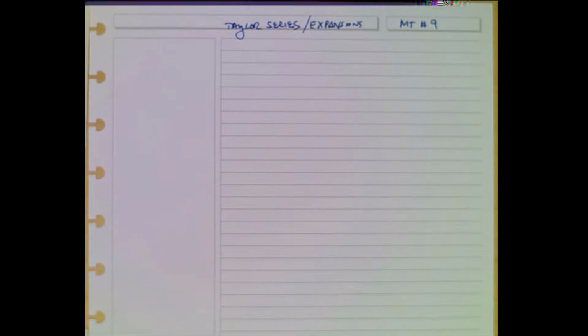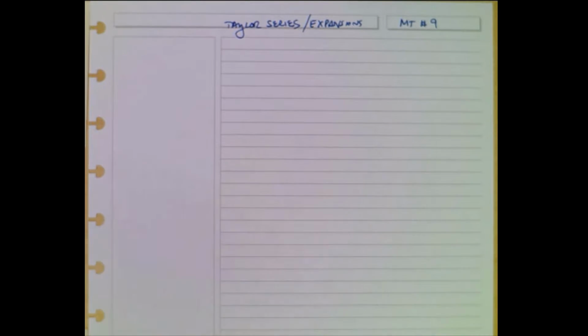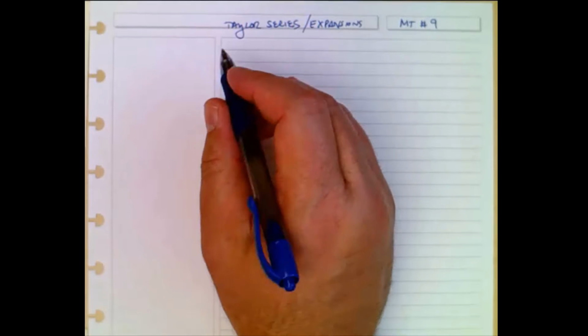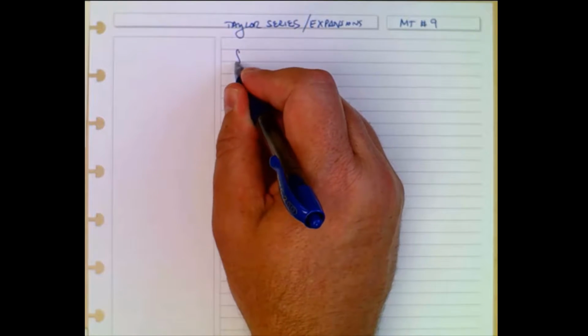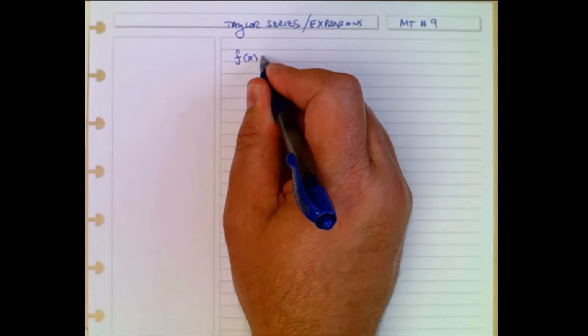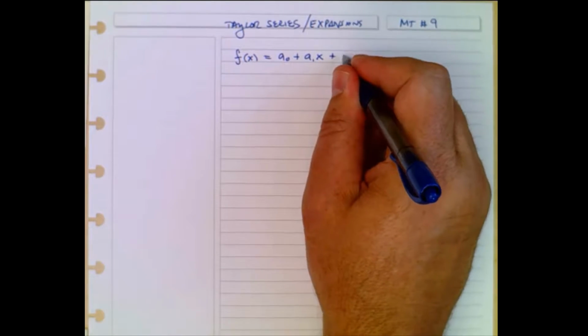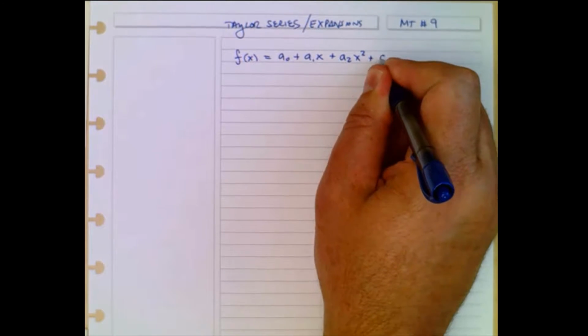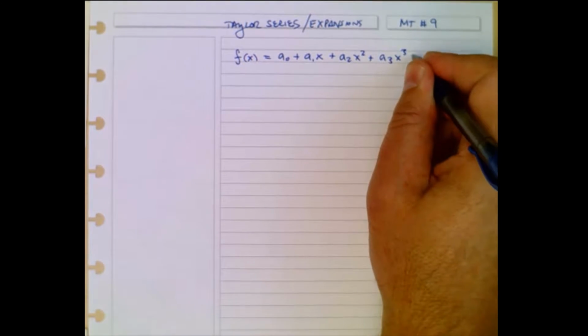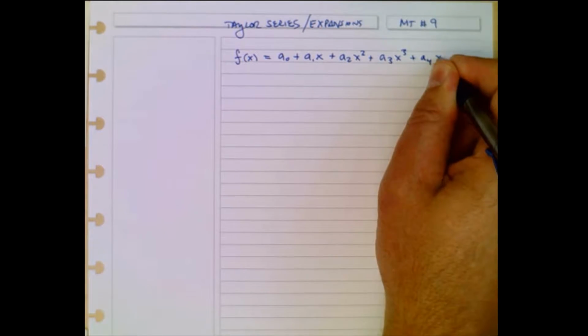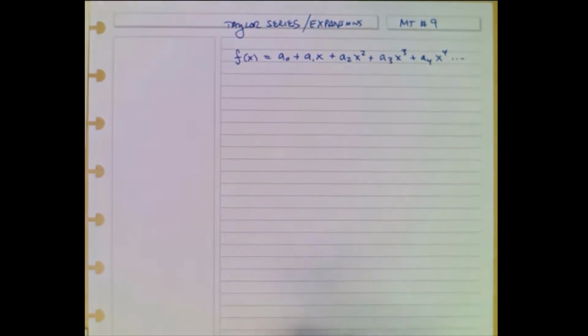So let me first describe a fact. Most functions of a single variable, or I should be coy and say many, can be written as a power series, namely f of x equals a naught plus a1x plus a2x squared plus a3x cubed plus a4x to the fourth, and so on.